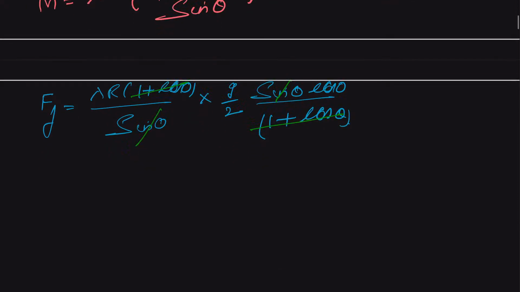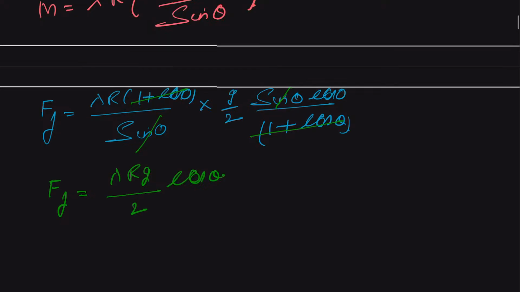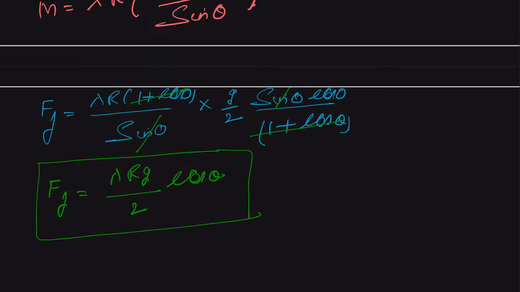Therefore the frictional force between the circle and the ground will be equal to lambda r g by 2, and we are left with cos of theta. So this is our frictional force between the ground and the circle, which was asked in the question.